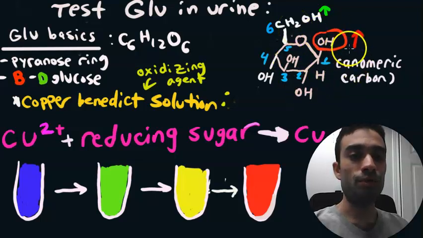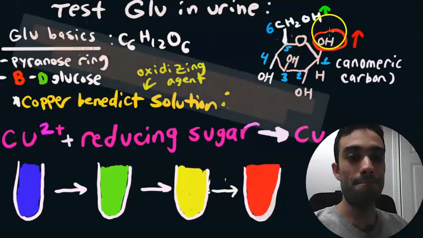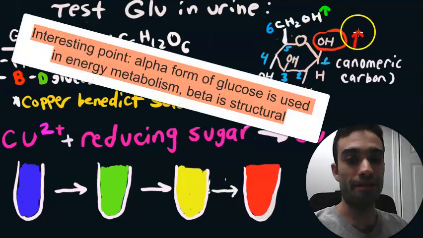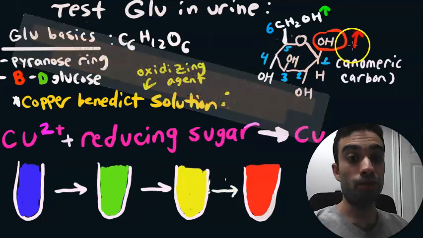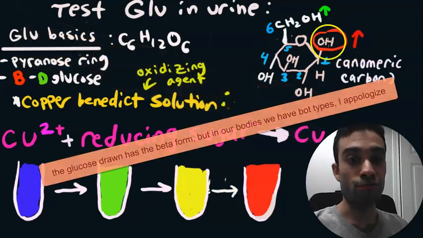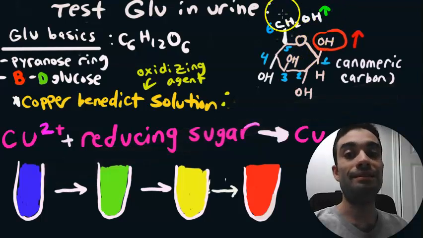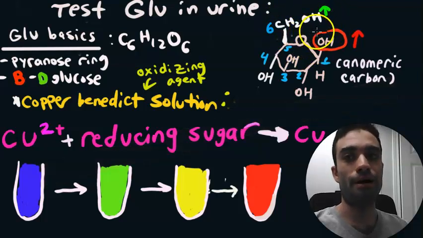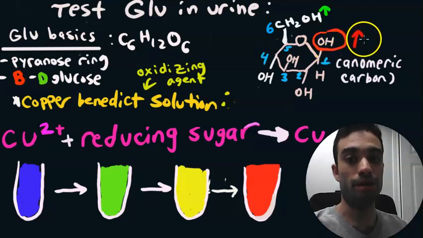And the easy way to remember that this is beta because it points up and not alpha is because beta and balloon start with the same letter and balloons float upwards. So in glucose we have this beta form and the D form, which is found naturally in the biochemistry of life. So that's glucose. It's a beta-D-glucose.